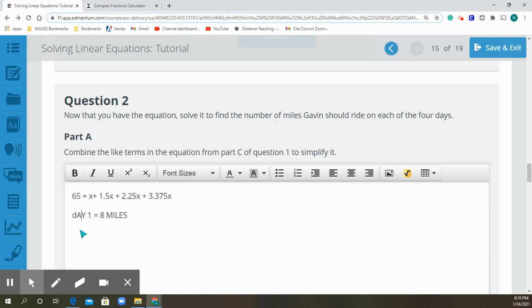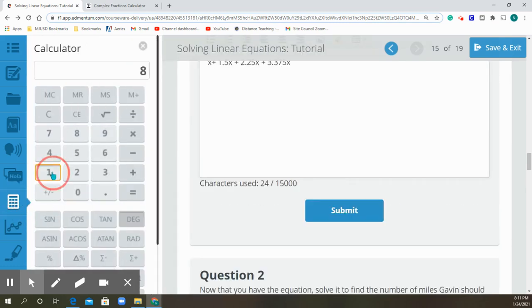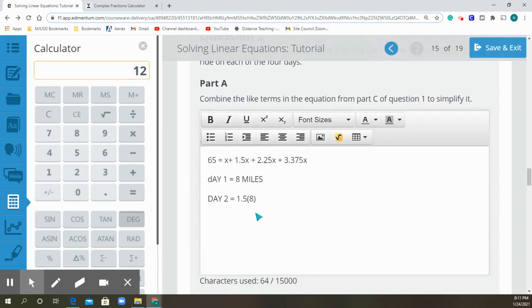If day 1 is 8 miles, then day 2 equals 1.5 times x, so 1.5 times 8 equals 12 miles.